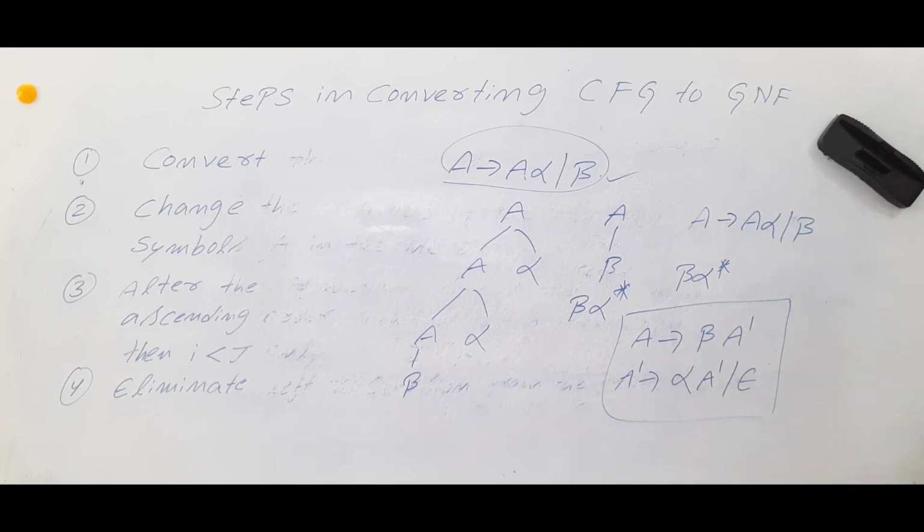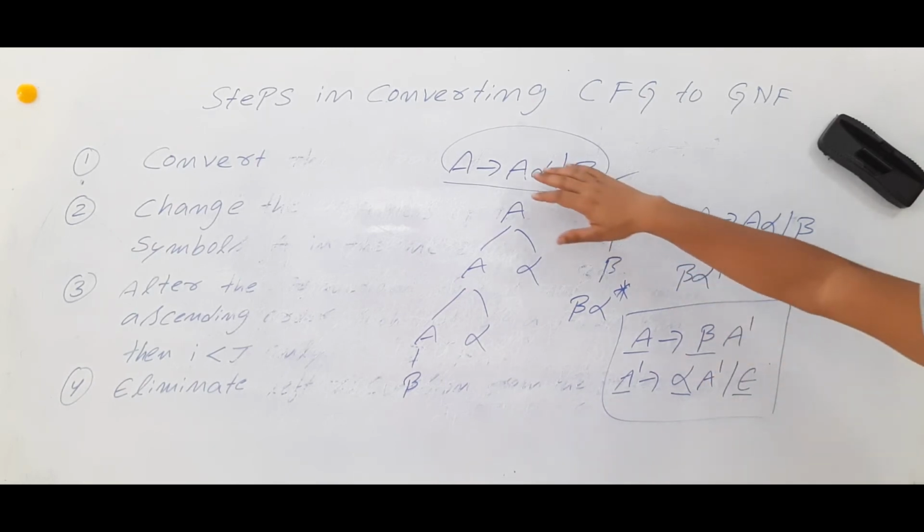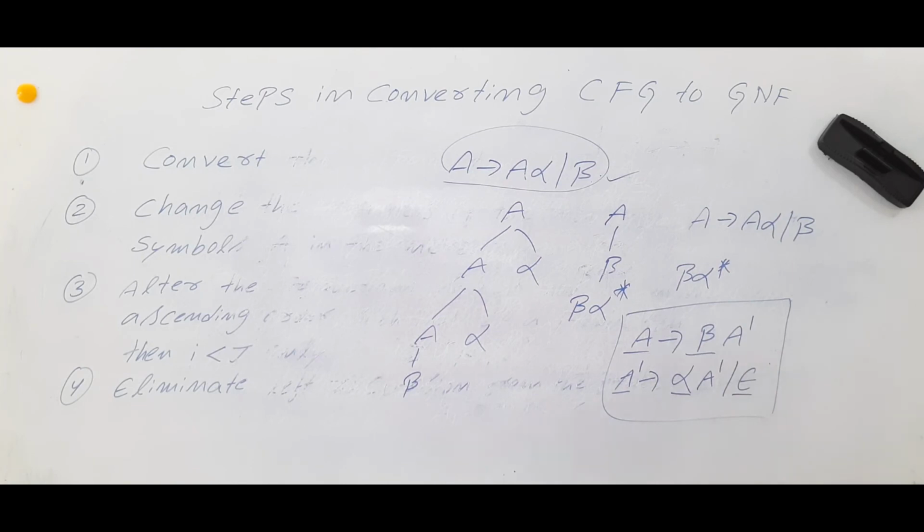Now let us see whether it is a left recursion grammar. No, because A is a variable, and here beta is not A. Even for A dash, here alpha is there, and here epsilon is there. So it is not a left recursion grammar. From a left recursion grammar we have converted into a non-left recursion grammar.